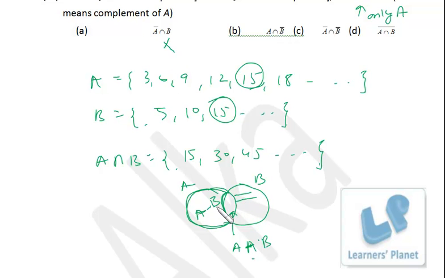We want the portion of A. A intersection B complement: B complement is outside this B circle, and this complete circle is A. So the common portion between these two is this portion only, and this is A minus B. So A minus B and A intersection B dash are both the same thing. Getting my point?